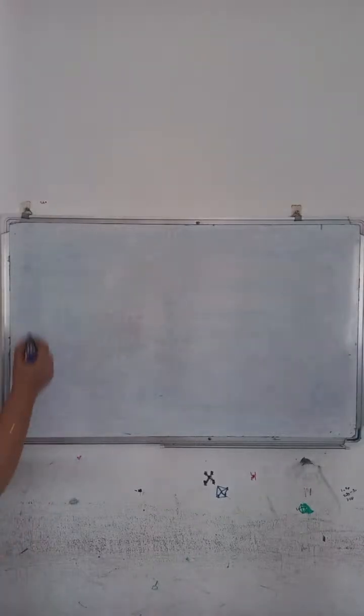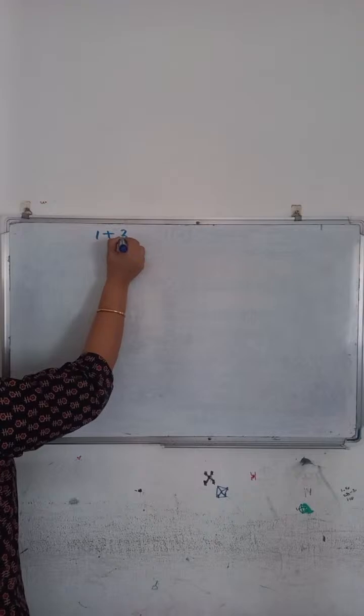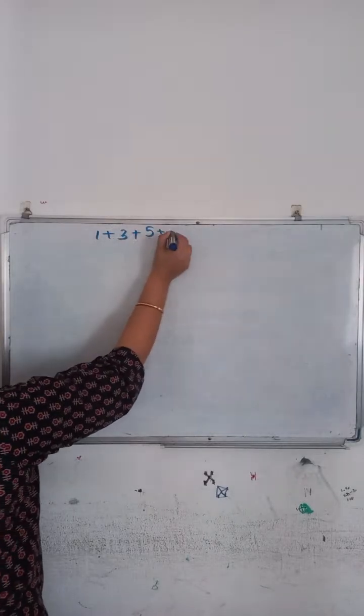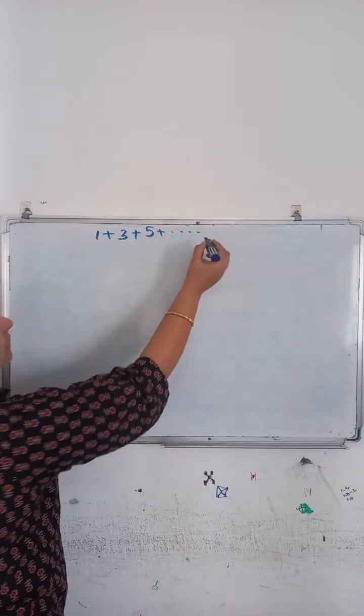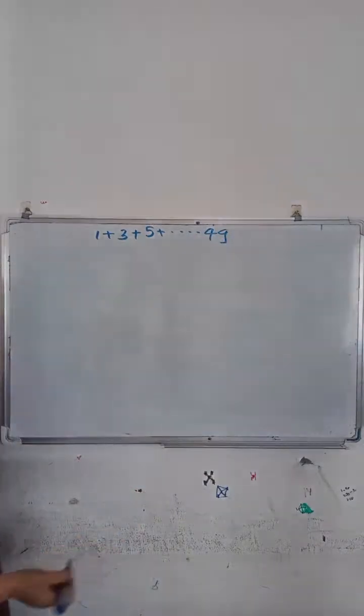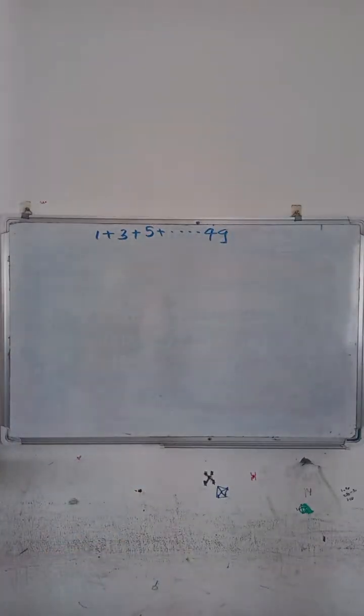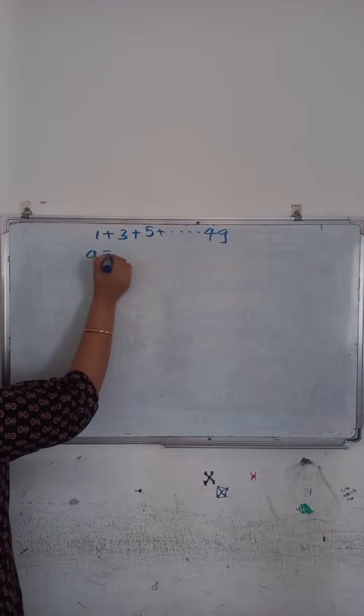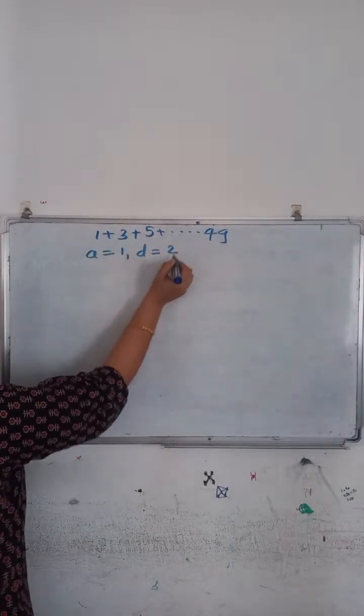So we can write 1 plus 3 plus 5 and so on, and the last odd term is nothing but 49. So like this we get a is equal to 1, d is equal to 2.